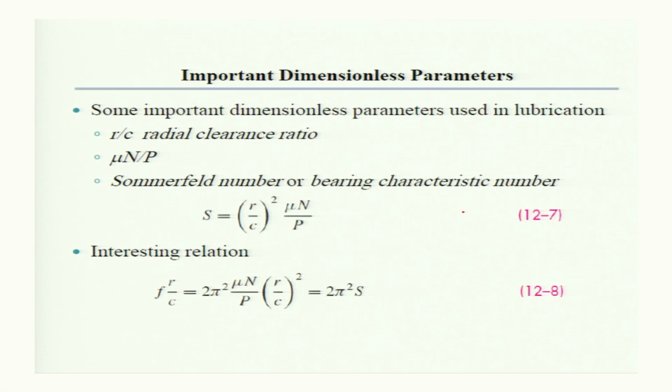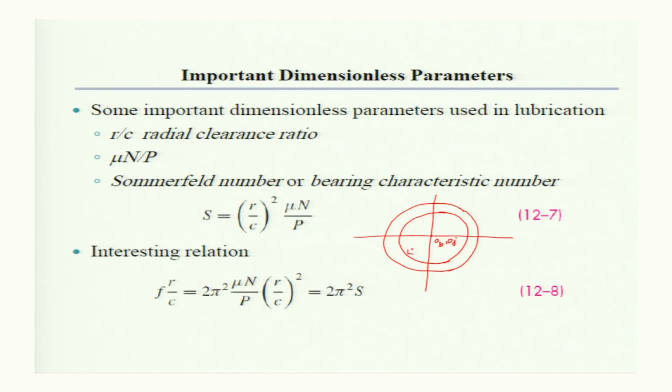Radial clearance means you have the inner surface of the bearing, and let the shaft be concentric with the bearing center, so both centers OB and OJ are the same.